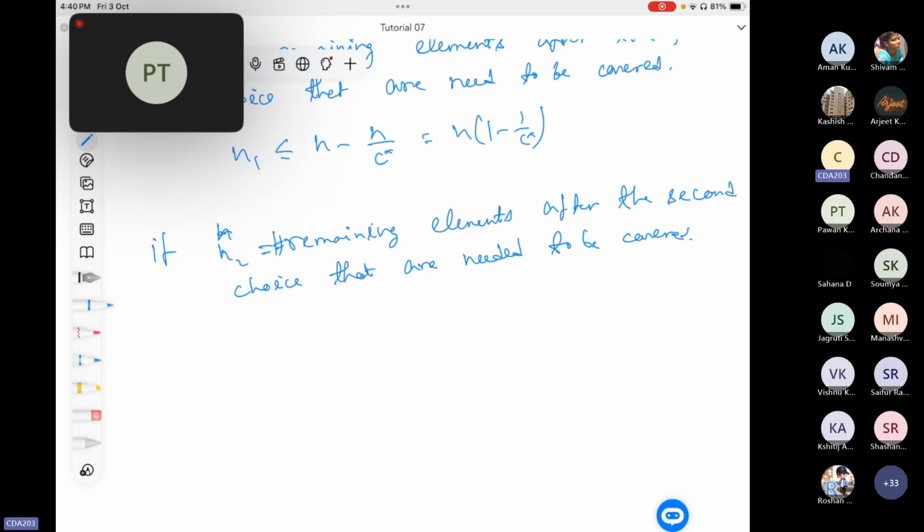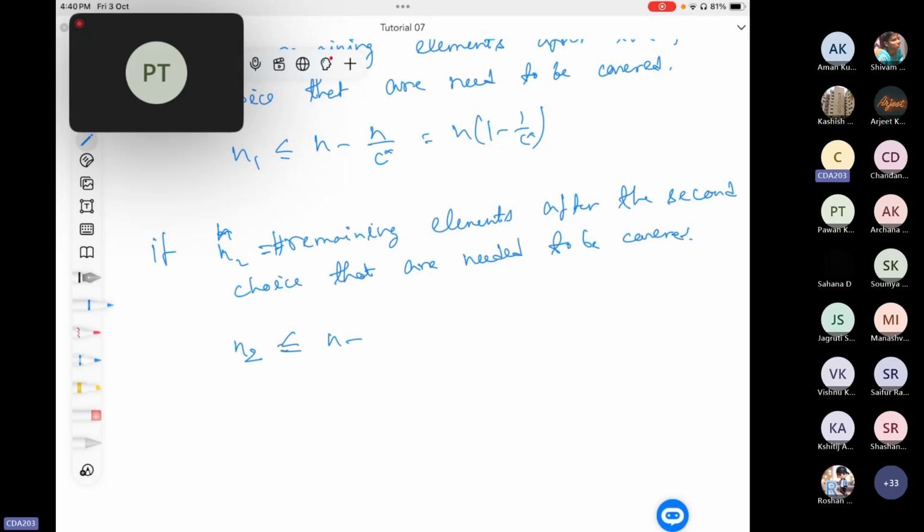With a similar argument, there could be a set, where now our number of elements is n1, and the cardinality of that set would be at least n1 by C star minus 1.